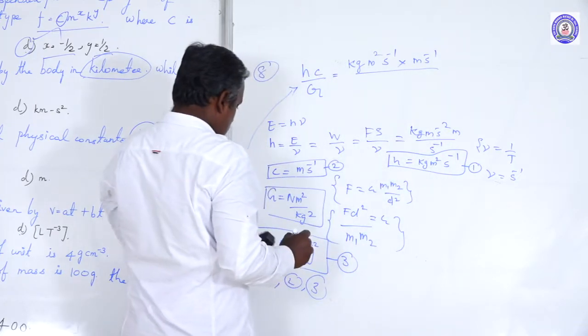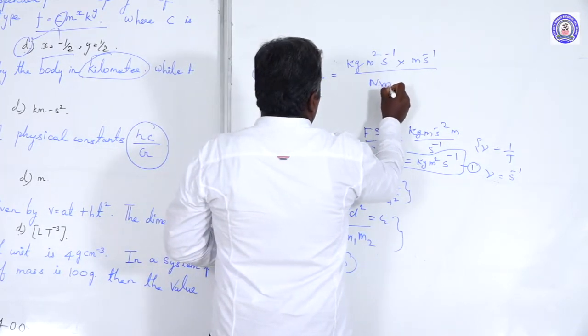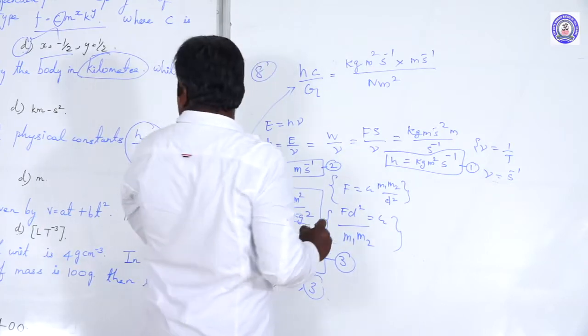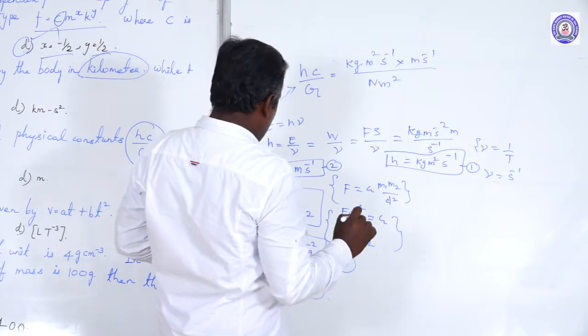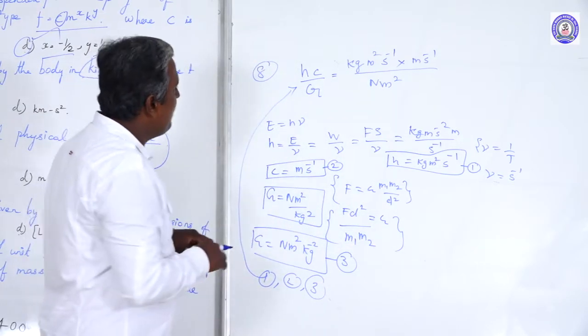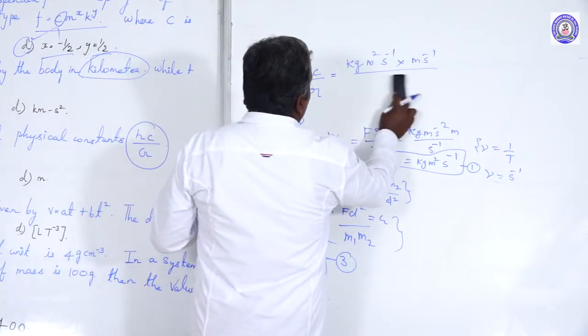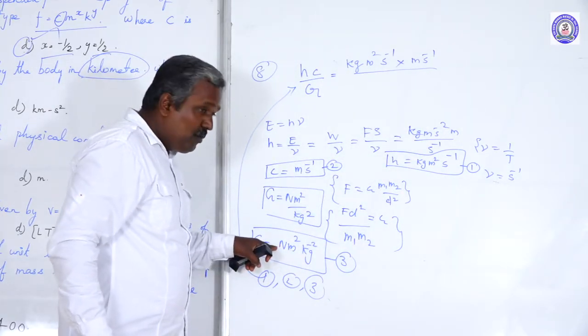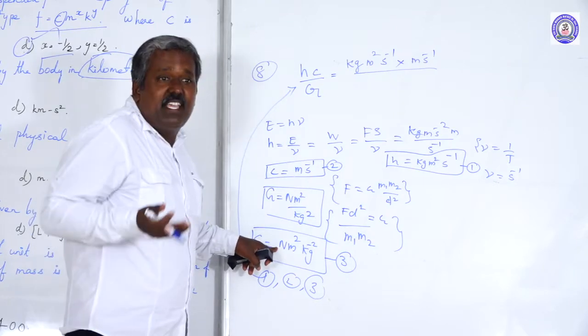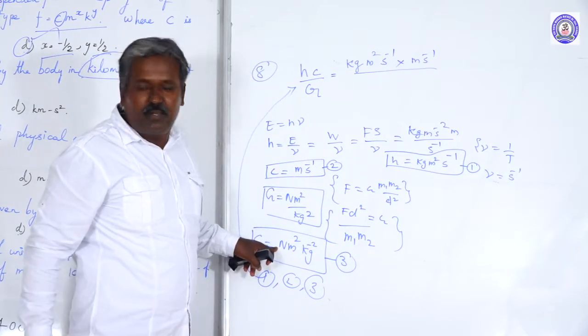For G, Newton meter square per kilogram square. Newton means a unit of force, so we must again convert it into base units. Am I correct or not?